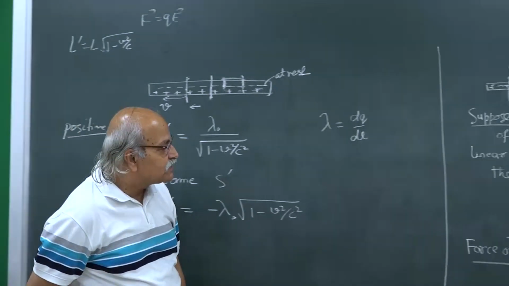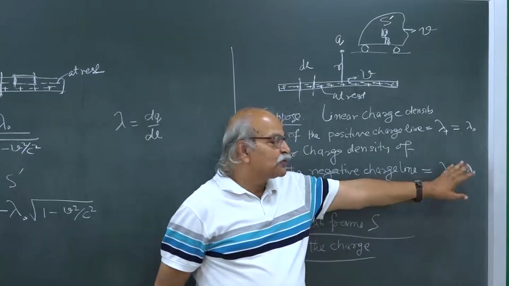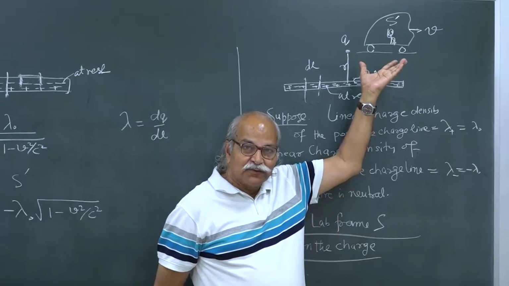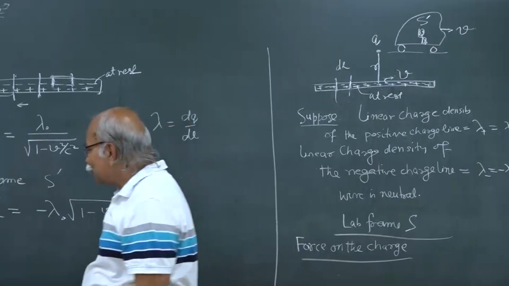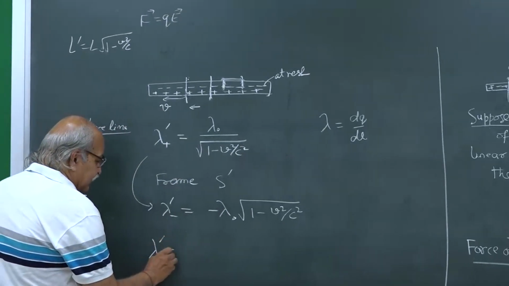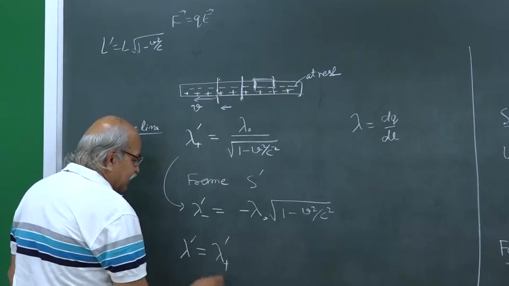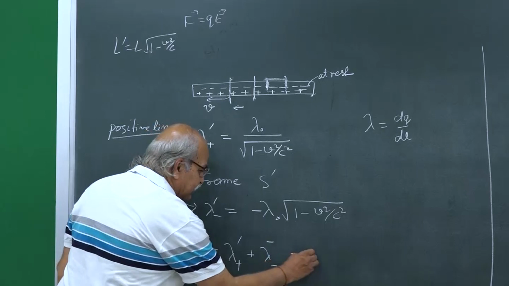Here the net charge density was 0, lambda naught minus lambda naught, and therefore, the electric field outside was 0. But here it is not so. Here lambda prime, which is lambda plus prime plus lambda minus prime, is not 0.